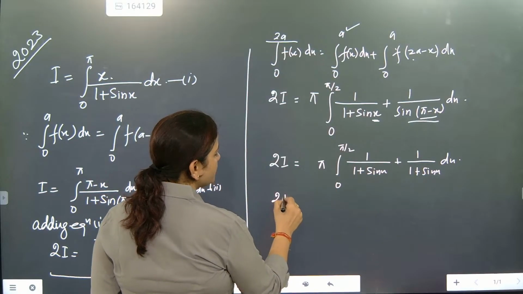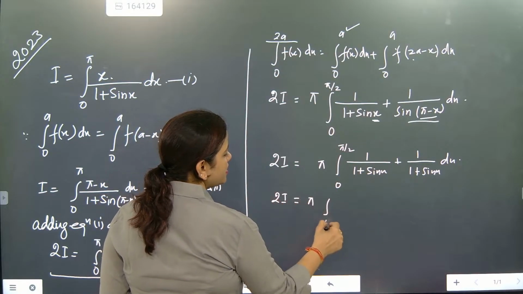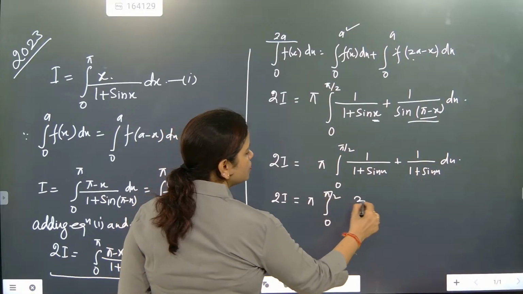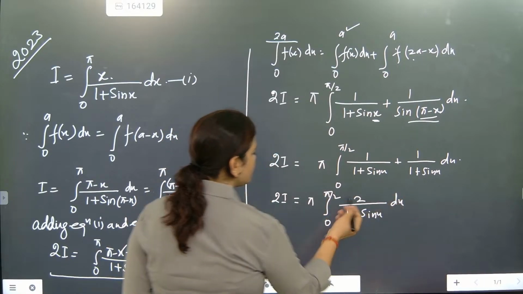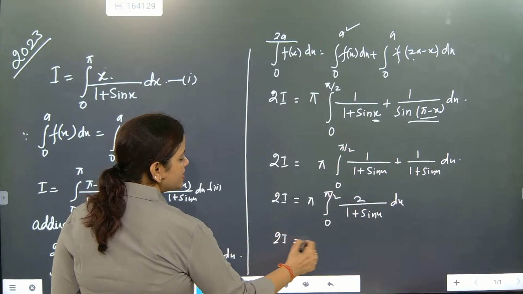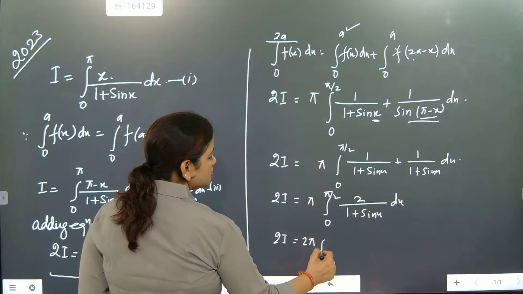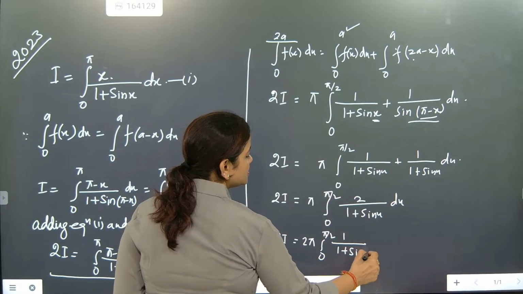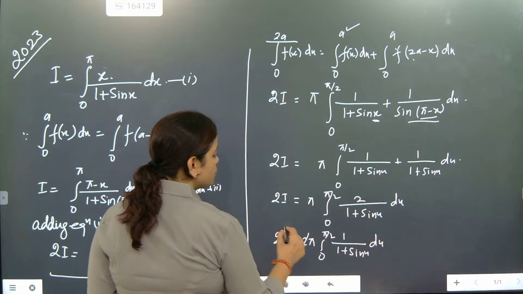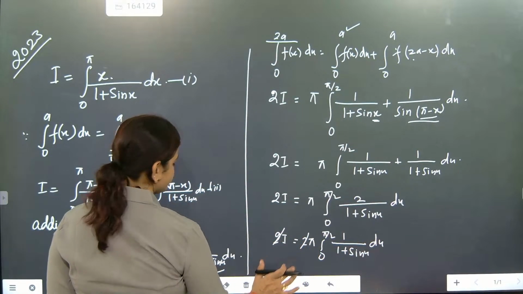So 2I is equal to pi, 0 to pi by 2, 2 by 1 plus sin x dx. Now, beta, 2 will come out: 2I is equal to 2 pi, 0 to pi by 2, 1 by 1 plus sin x dx. This 2 and 2 will get cancelled.